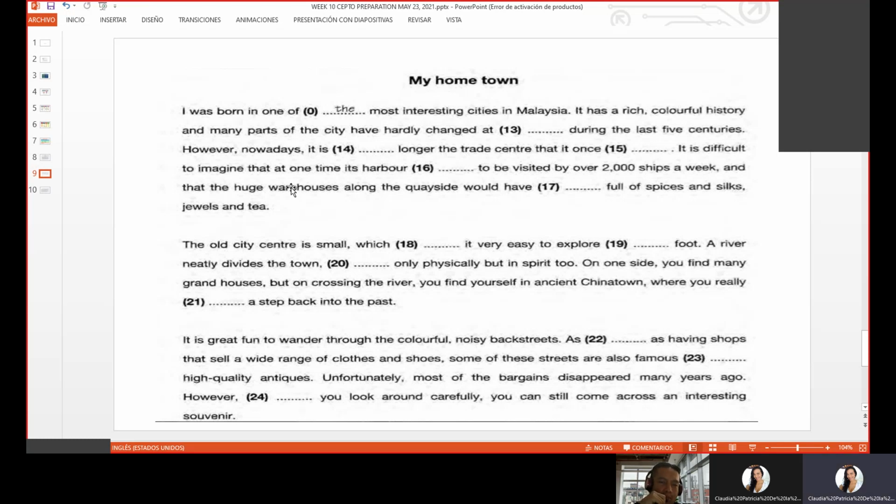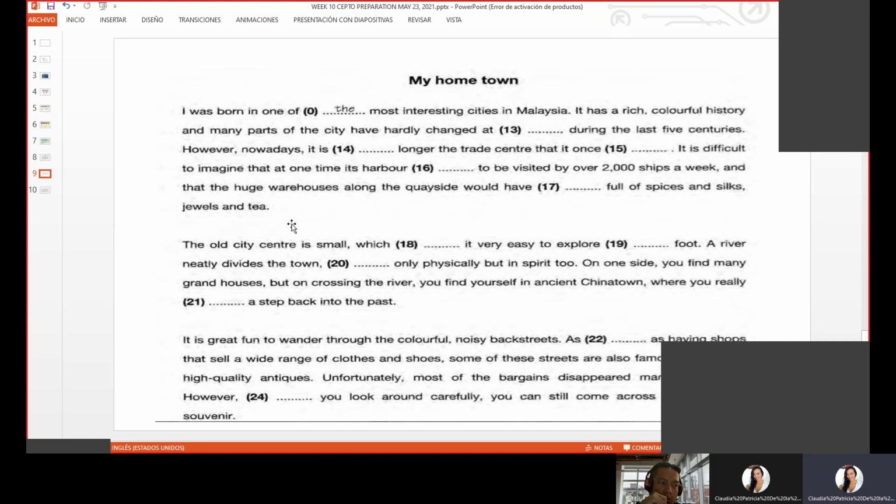Remember, I told you to be careful with the verb and the tense, that they have to match and agree. Oh, okay. I thought that only we can use modal and auxiliary.